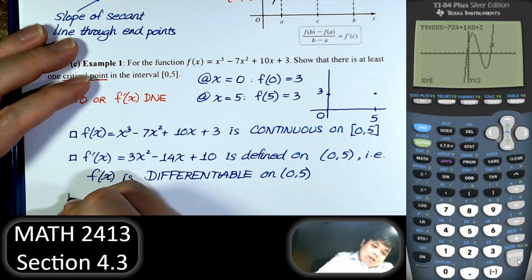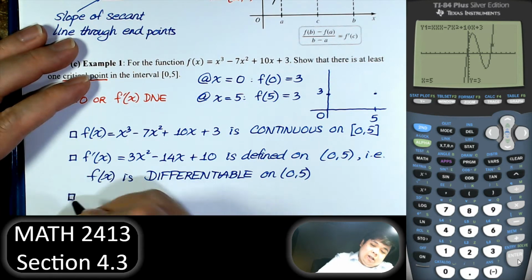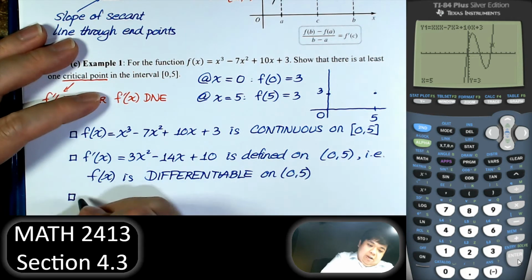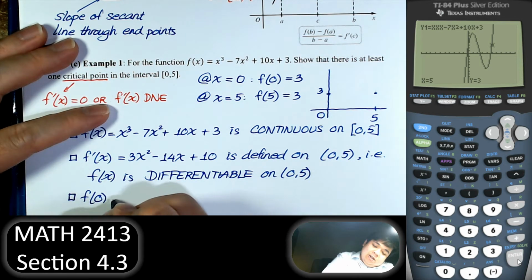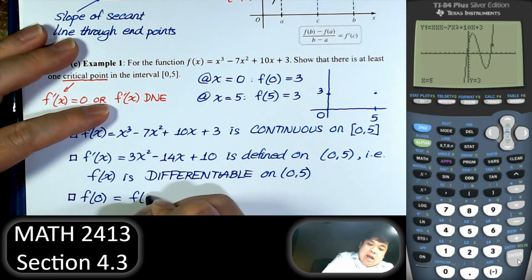And then finally, the values at the endpoints are equal, both equal to 3.